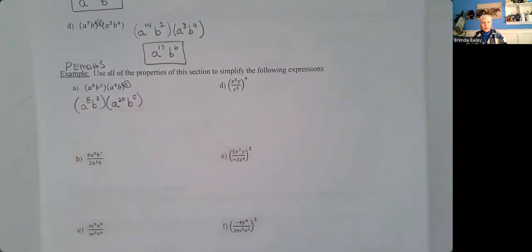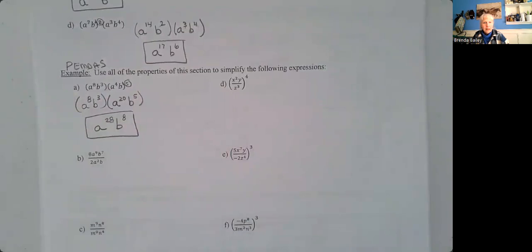So we did the exponent. Now we'll multiply using our product rule. 8 plus 20 is 28. 3 plus 5 is 8. And there you have your answer. Let's do another one.